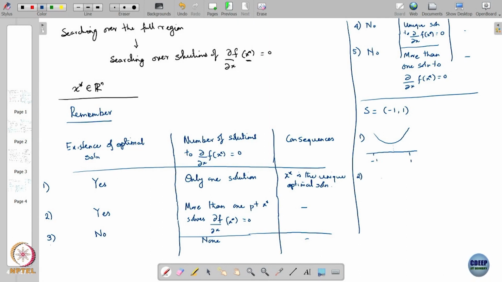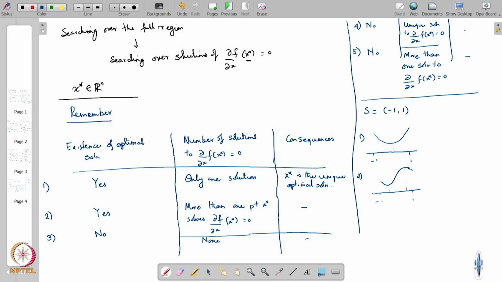The second case is, once again I am on -1 to 1, and I have a function that looks like this. Now if you look at the derivative of this function, it has become 0 here, and it has also become 0 here.